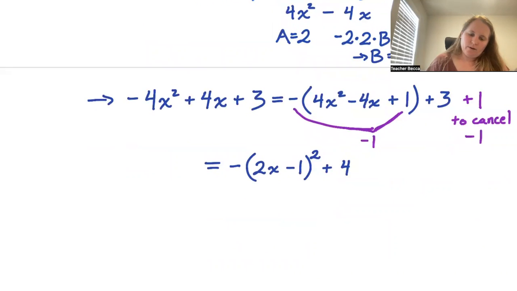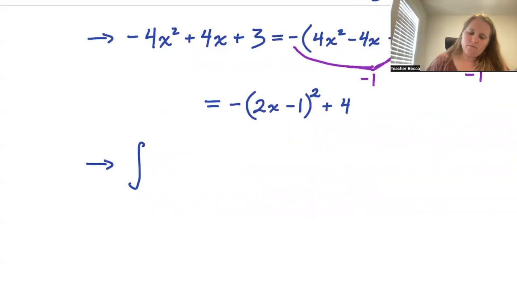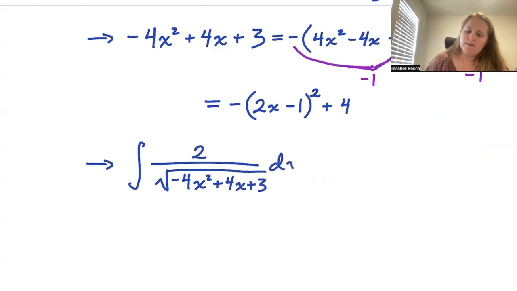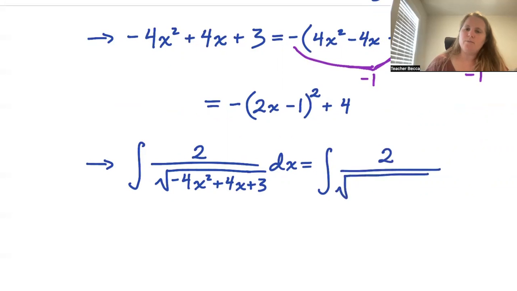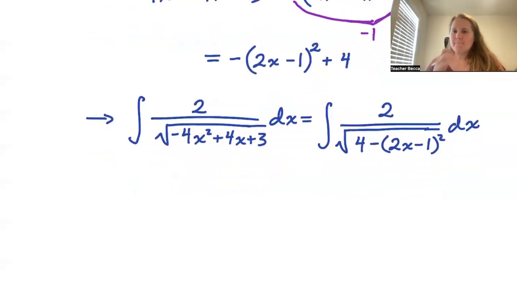So at this point, the integral of 2 over the square root of negative 4x squared plus 4x plus 3 dx is equal to the integral of 2 over the square root of, I'm going to reorder this as 4 minus 2x minus 1 squared, and then dx. Now, at this point, we can do a variety of things.